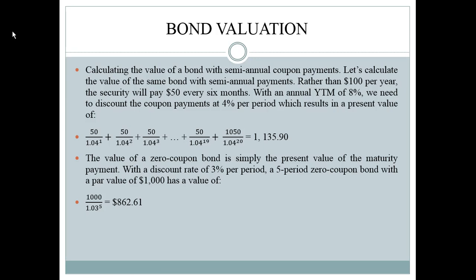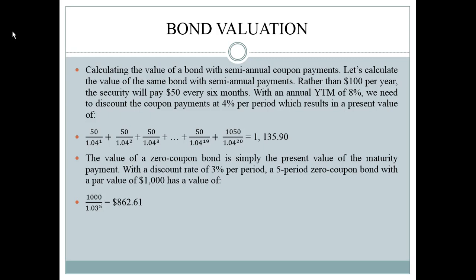How do we get this 4%? We say the yield to maturity of 8% divided by 2, and then we get 4%. So we now have 20 separate cash flows. Okay, so we're going to discount all these cash flows at 4%, and then you get that the value of the bond today is now 1,135.